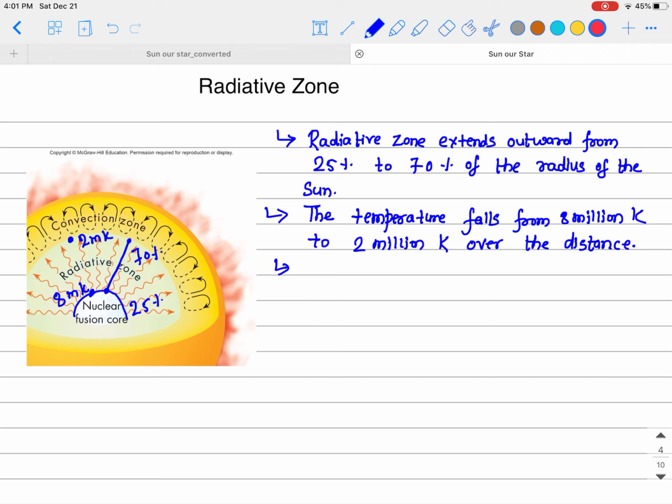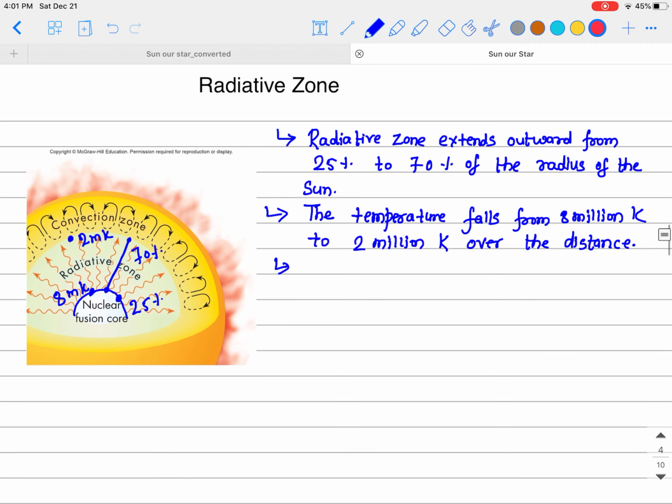Now if you look at the density at this point, which is the inner part of the radiative zone, the density is about 20 gram per cubic centimeter, and at this point the density is about 0.2 gram per cubic centimeter.